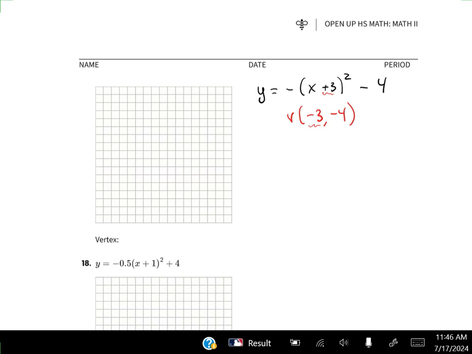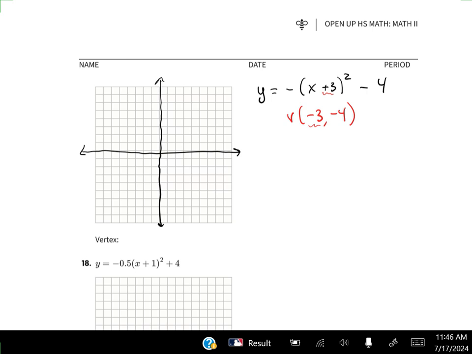One thing to notice about this problem is that we have a vertex that is going to be below the x-axis. And this is going to be a parabola that opens down.